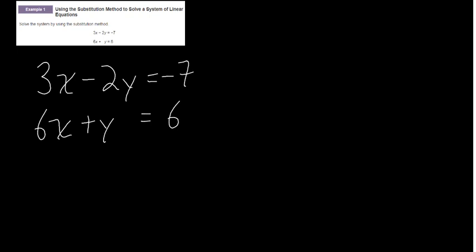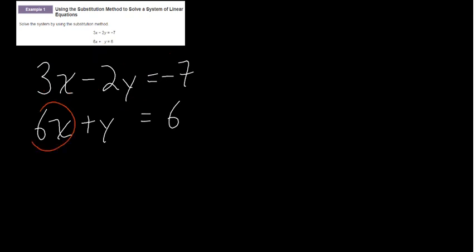If I wanted to isolate the x in this equation, I would have to add 2y to both sides, and then I would have to divide by 3. Okay. If I wanted to isolate this y, I would have to subtract 3x from both sides, and then divide by -2.